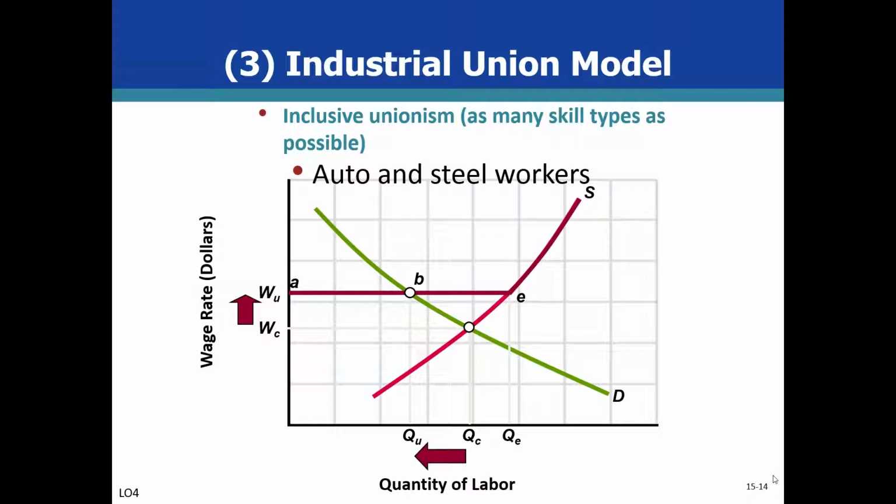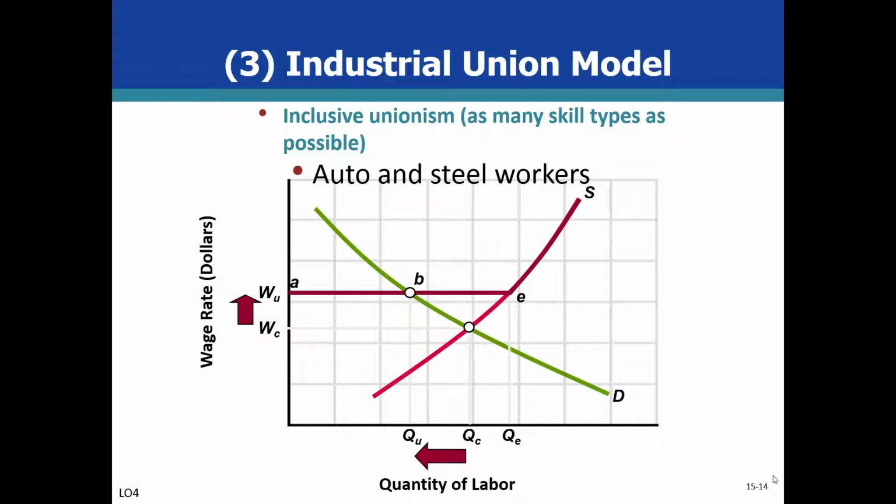They want it at E, at QE. Yet the primary goal is higher wages. They demand a wage represented by point A. The wage is above the competitive rate of WC.